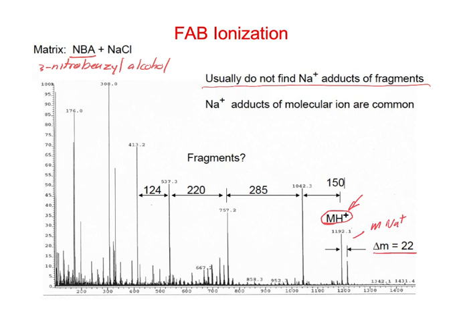So then, in this case, we see what looks like a lot of fragments, but they could be fragments or matrix ions, and they do have spectra of essentially the background that you would expect for a certain matrix.